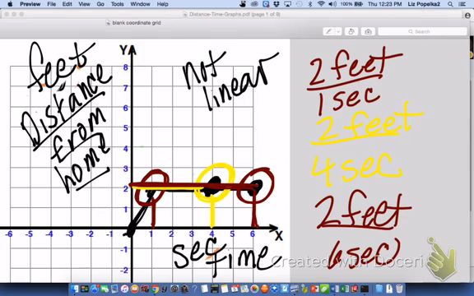So when you see a horizontal line like this, a lot of kids think that this means you are traveling at the same rate the entire time because it's not going up or down. And that isn't what it means. It means you're not actually going anywhere at all. Time is still moving to the right, but you're not moving up on your distance portion of the graph. So whenever you see a flat line like that, it just means that your distance is staying the same.